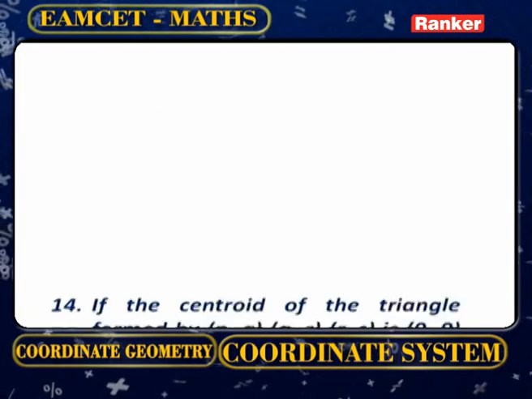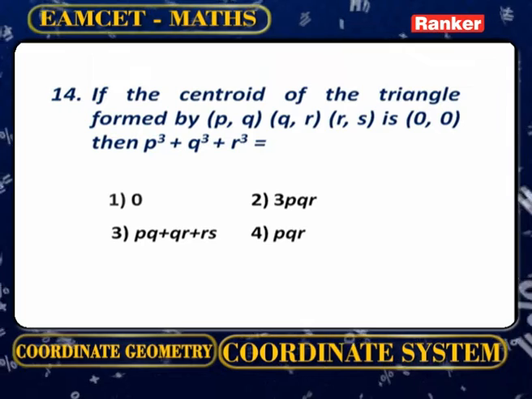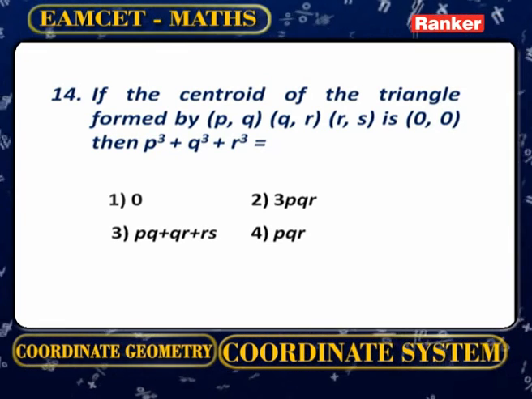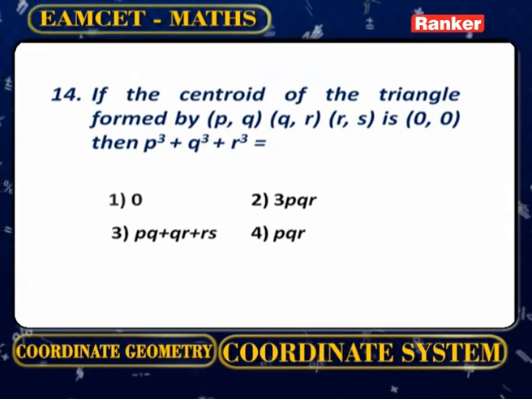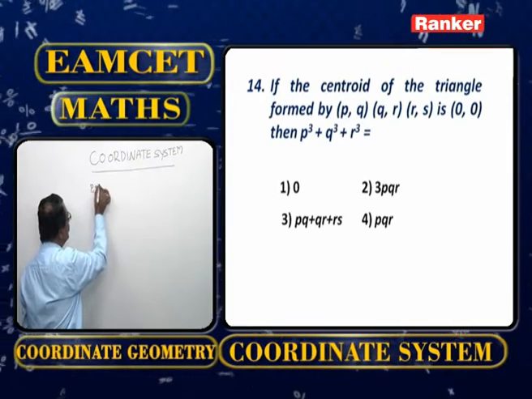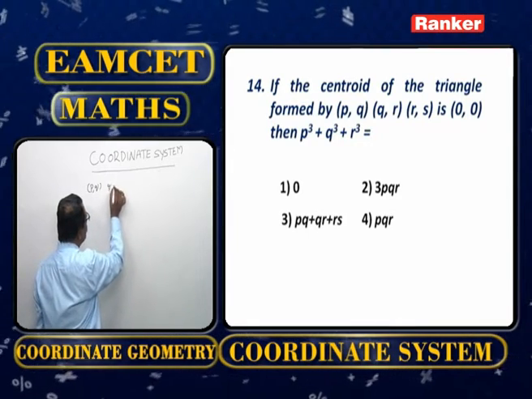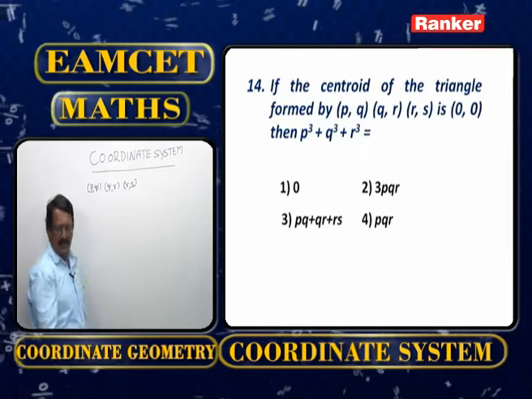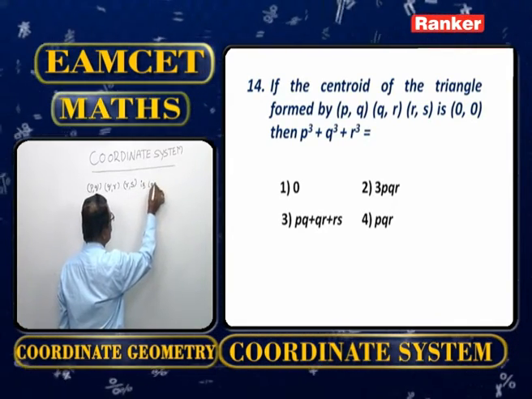Next problem. The centroid of the triangle formed by the points P, Q, Q, R, R, S is the origin (0, 0).